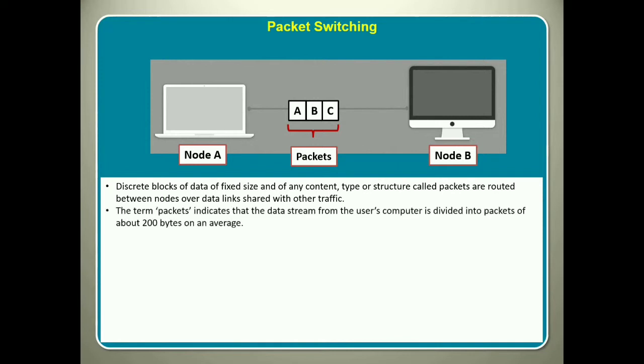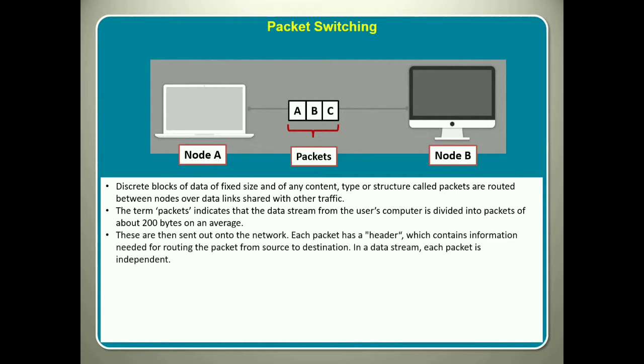The term packets indicates that the data stream from your computer is divided into packets of about 200 bytes on an average. These are then sent out onto the network. Each packet has a header which contains information needed for routing the packet from source to destination. You need to note that in a data stream, each packet is independent.